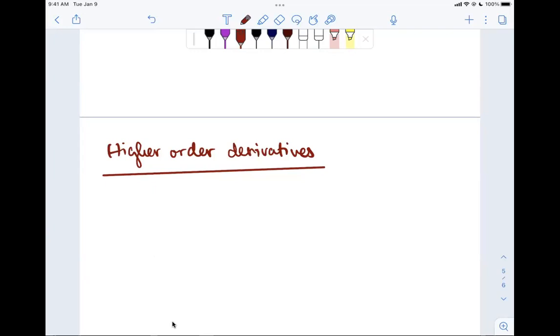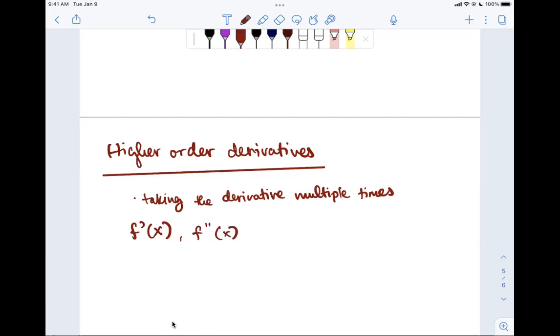That's all it means. So what we do is if we have one derivative, we have f prime of x. For 2, we would have f double prime of x. For 3, we'd do f triple prime of x.